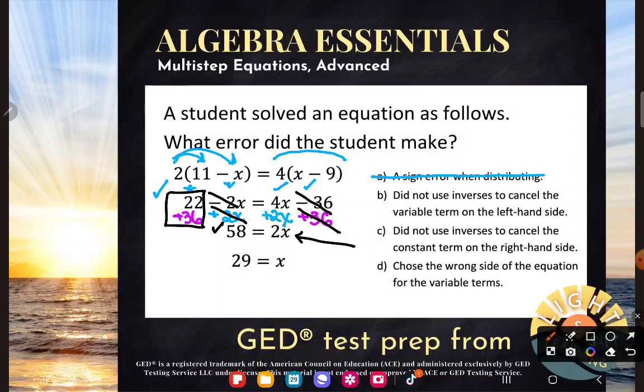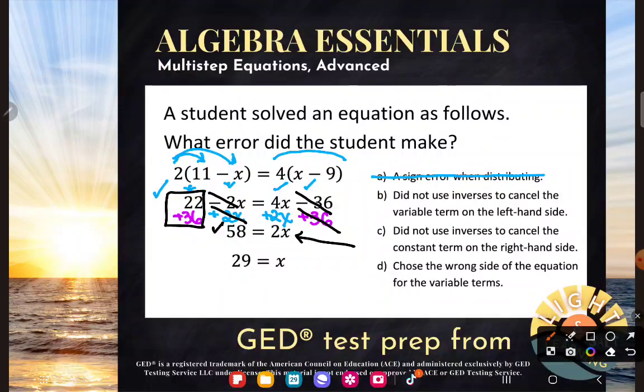There's our issue, but why in the world did they make that issue? Let's look at B, C, and D here. It says they did not use inverses to cancel the variable term on the left-hand side. Let's see if that's the issue.